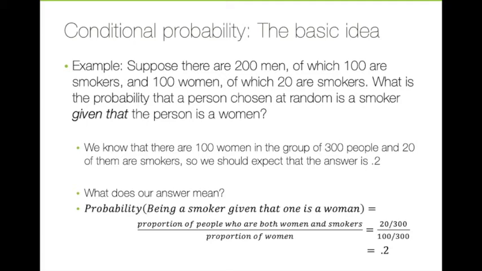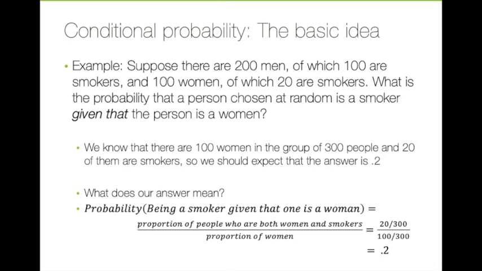What we want to know is what proportion of the women are smokers. Well, we know that there are 100 women in the group of 300 people, and 20 of them are smokers. That should lead us to expect that the answer is going to be 0.2. And that's right. But what does that answer mean? How are we getting to that?